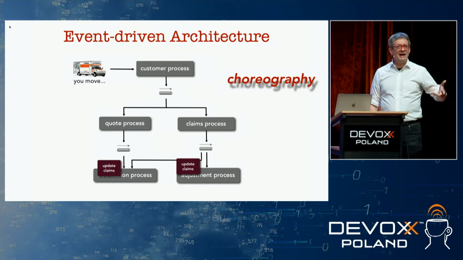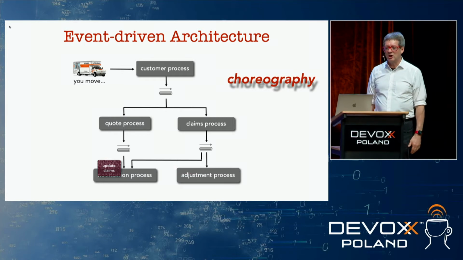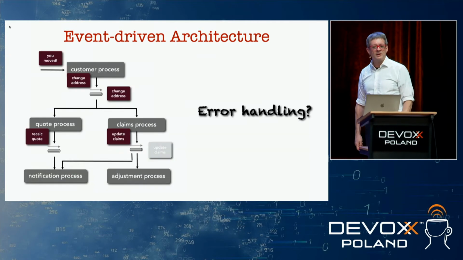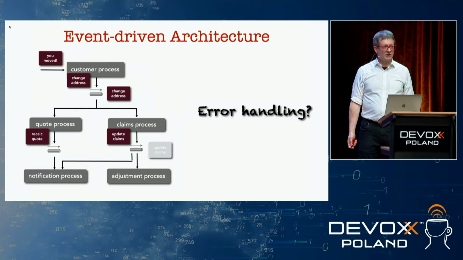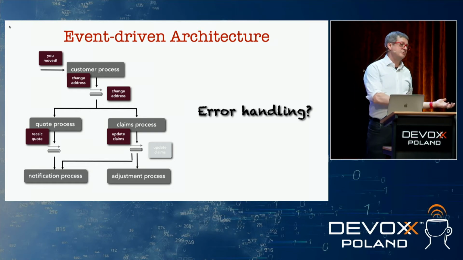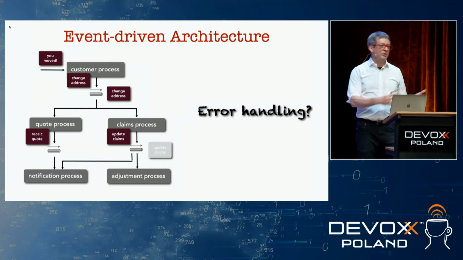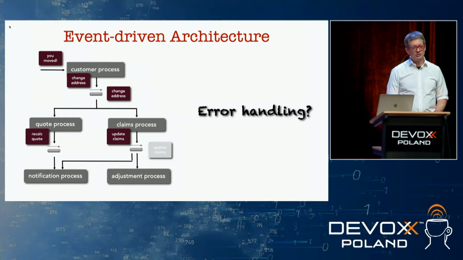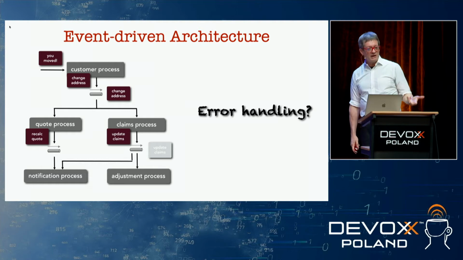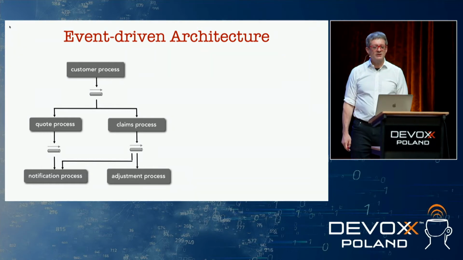You can build that, but there's nothing built into this architecture that automatically handles all of those details for you, which is why this is choreography. And so error handling can be a challenge in this architecture. There are lots of patterns that you can apply, like the workflow event handler pattern to handle errors in this architecture, but it's something you have to write yourself and customize.